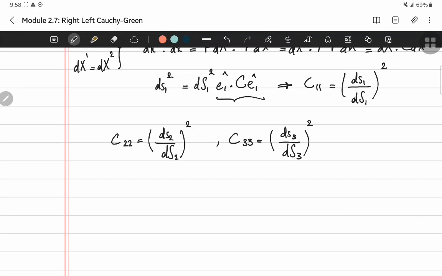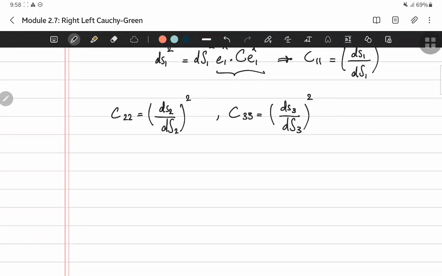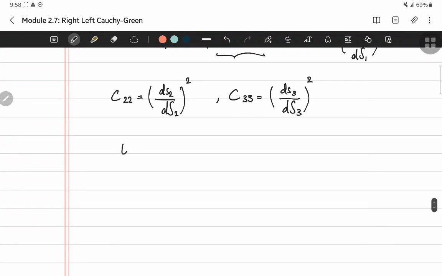There's something here that I would like to point out, as the book also mentioned. Remember that we already mentioned that C is equal to U squared.